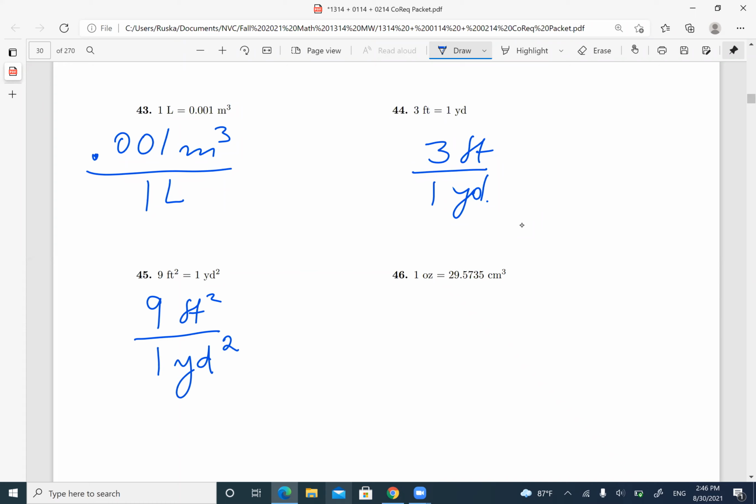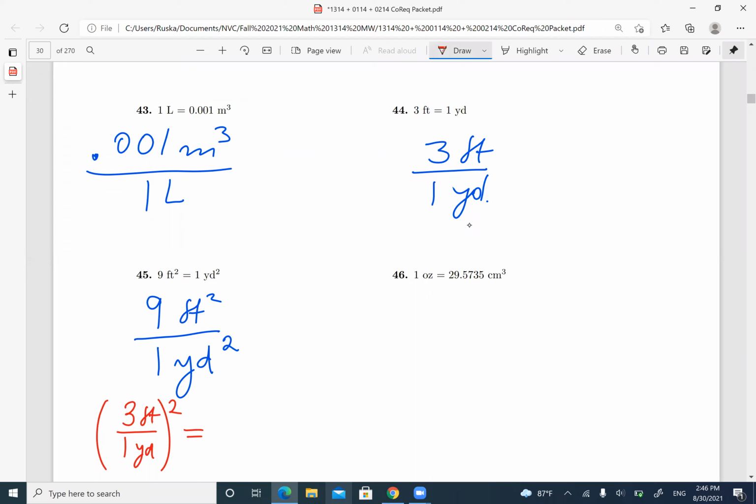Now, if you notice here from 44 to 45, if I take the unit ratio from 44 and I square it, I'm going to get exactly 45, right? So 3 feet is 1 yard, right? If I square everything, you're squaring not only the numbers, you're squaring the units also.